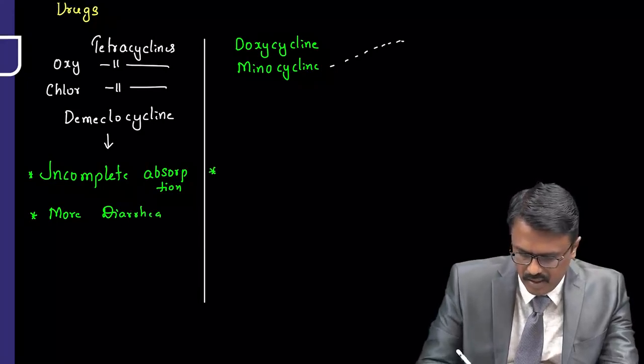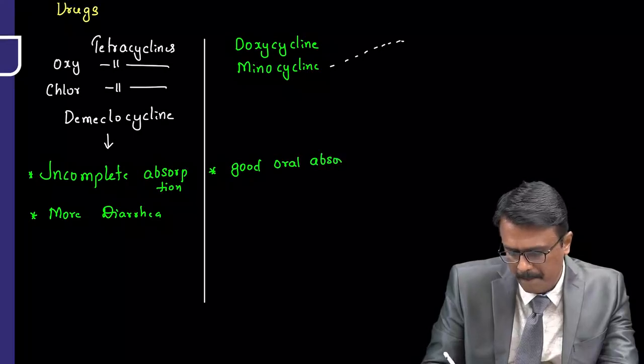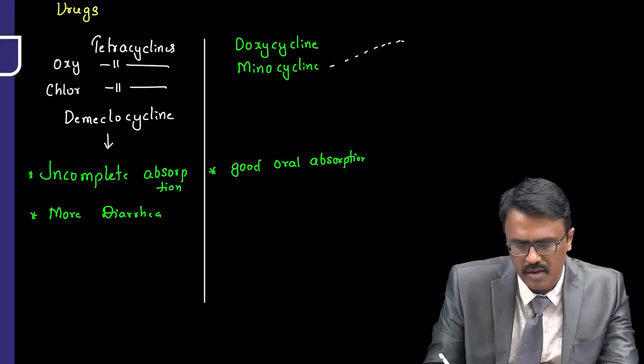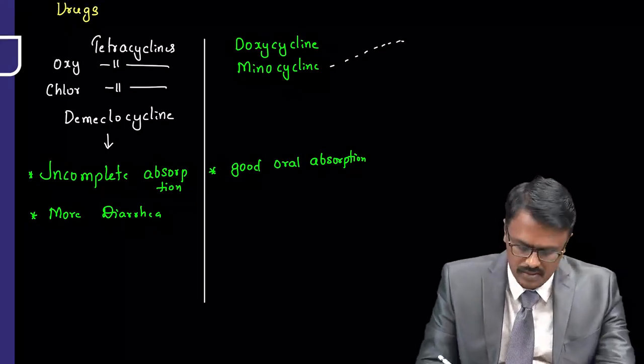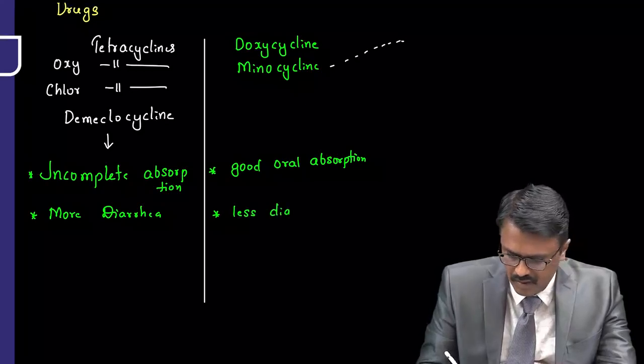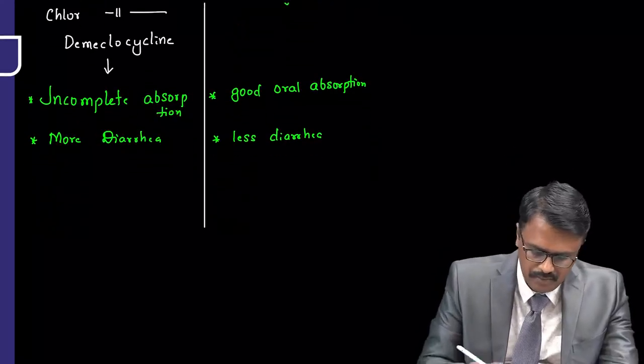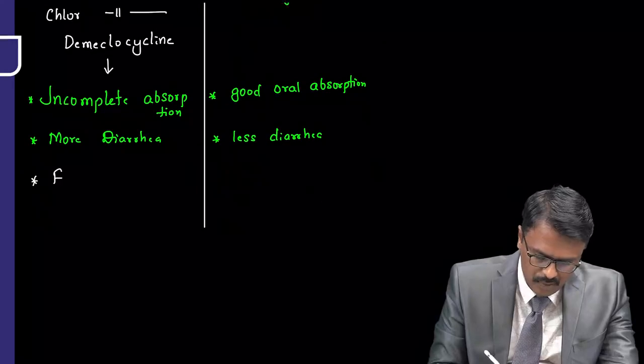The newer drugs have good oral absorption. Since they are absorbed very well, they are not going in the gut, so there is less chance of diarrhea. These older tetracyclines form complexes, so they have food interactions.